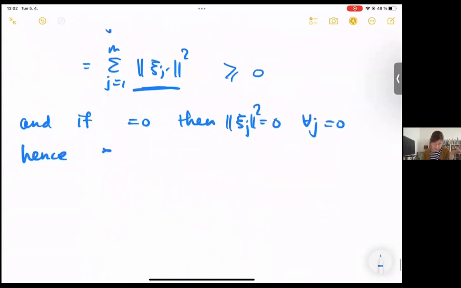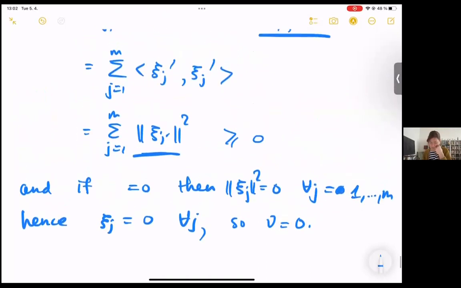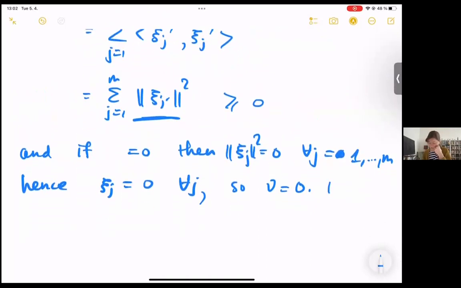Hence, each of the psi j's themselves are equal to 0. So nu was equal to 0. So indeed, it is positive definite. So we have an inner product.